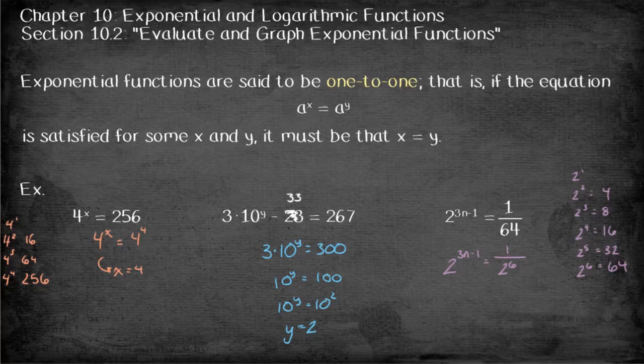So I get 1 over 2 to the 6 is equal to 2 to the 3n minus 1. And I know when I have an exponent in the denominator, I can take the reciprocal and make the exponent negative. And now we can use the one-to-oneness property. And we get that n is equal to negative 5/3.